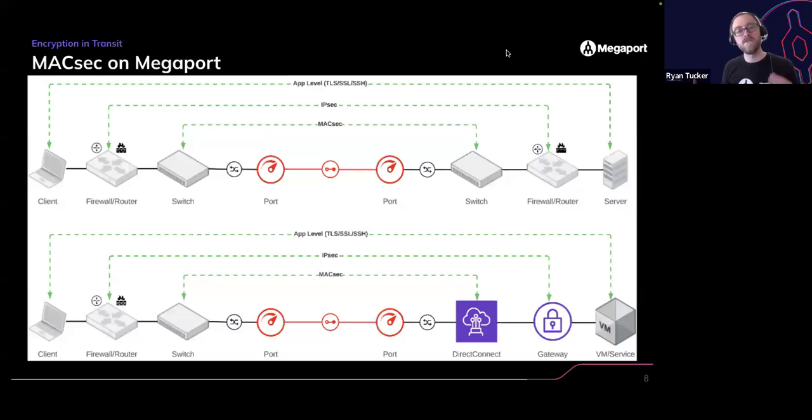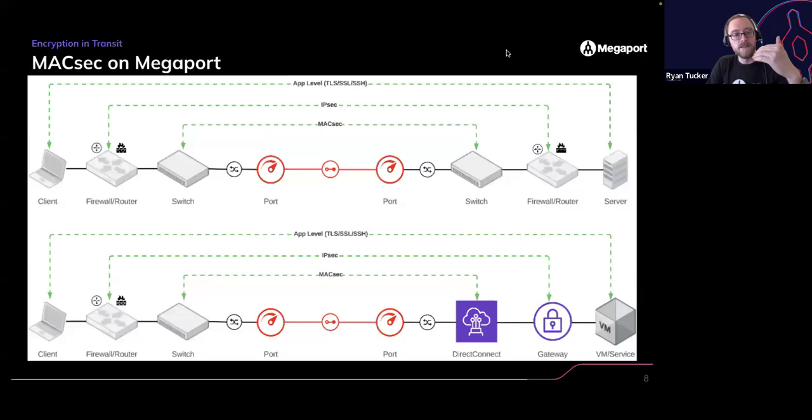And those two devices are running MACsec between them to create that encrypted path. So they'll encrypt any traffic that passes through those switches over that one hop. The traffic gets encrypted as it comes into one switch, gets decrypted out of the other switch. So it's only encrypted for that one hop in the middle. But using MACsec, the advantage of that is that those switches will typically be able to do that very, very quickly.